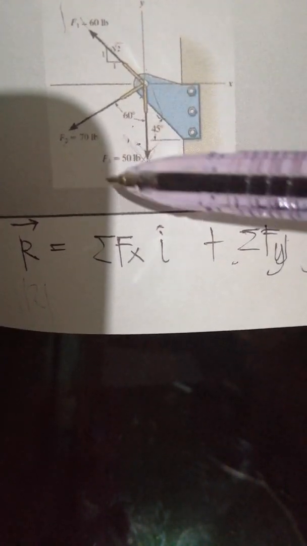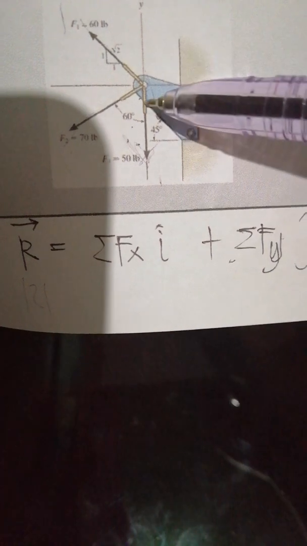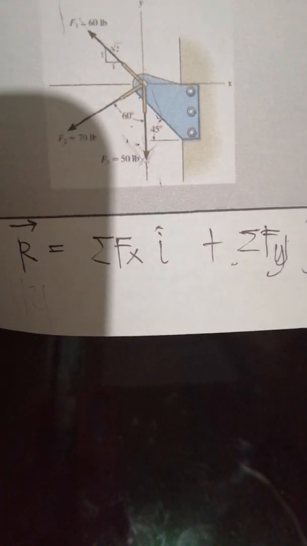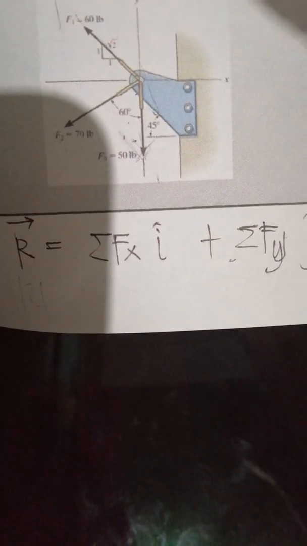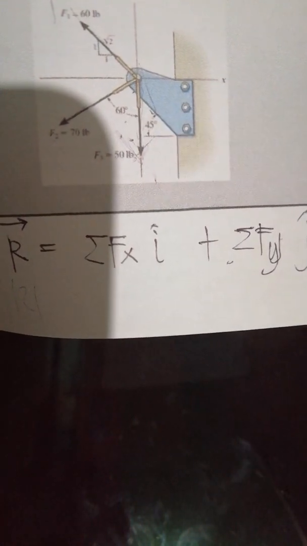So for this F3, 50-pound force, its Cartesian form is negative 50 j hat pounds. So it has no i hat, and negative 50 because the j component is downward. Okay. If your vector acts directly along the x axis, it has an i hat. Its i hat is the magnitude of the vector itself. Then it has no j hat. As simple as that. Okay.